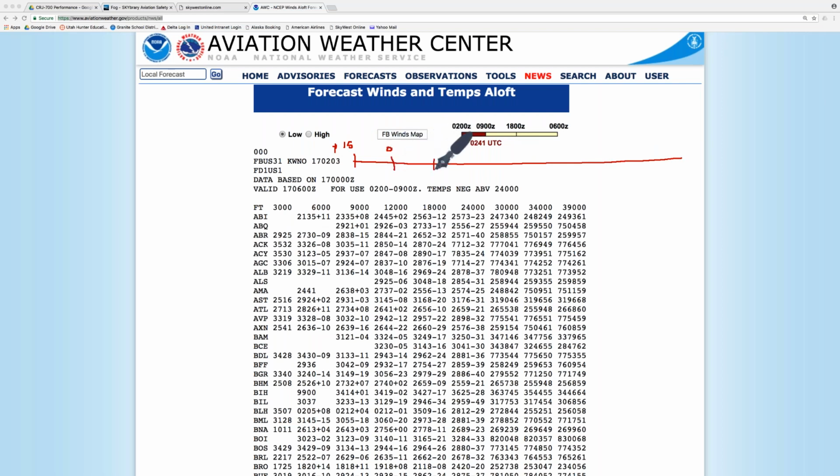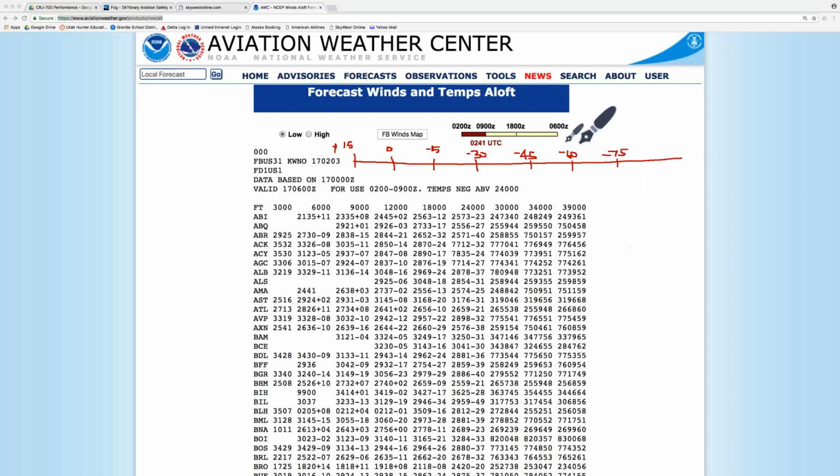Let's say this is negative 15 degrees, negative 30, negative 45, negative 60, negative 75.